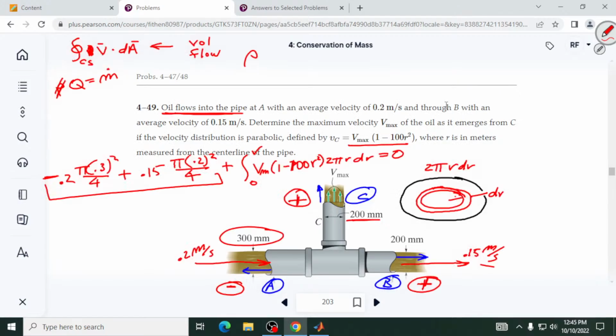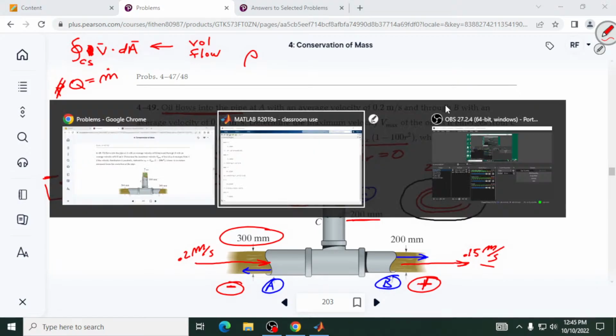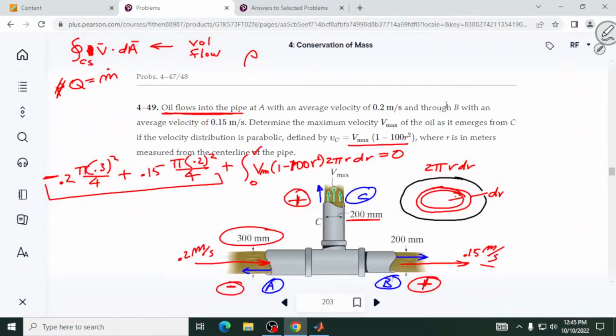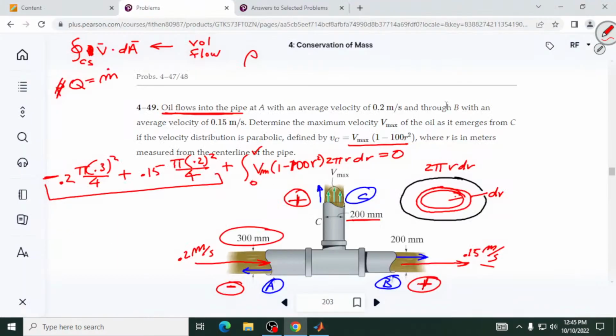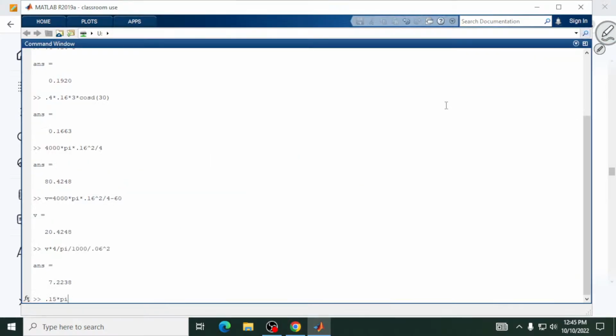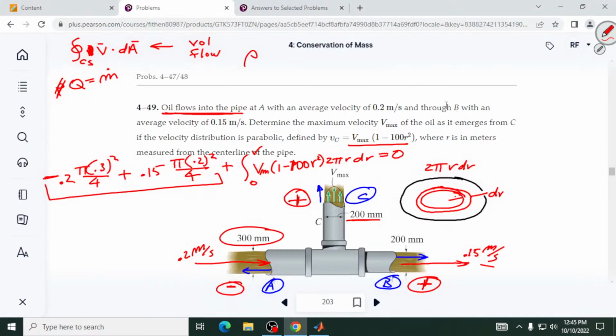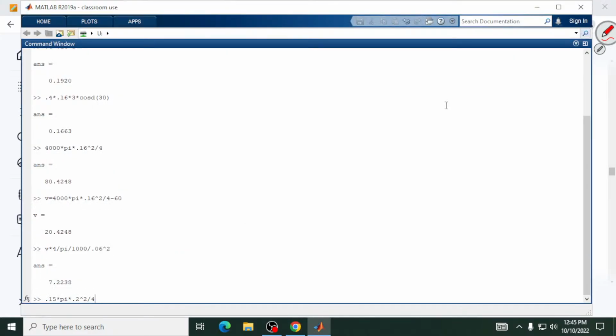How to do this? Oops, wrong one. Okay, wait. 0.15 times pi times 0.2 squared divided by 4. That takes care of that one on the right. And then minus 0.2 times pi times 0.3 squared divided by 4.